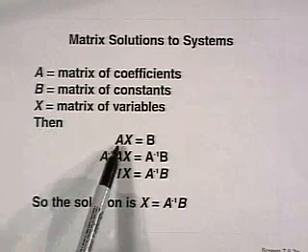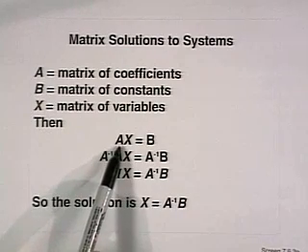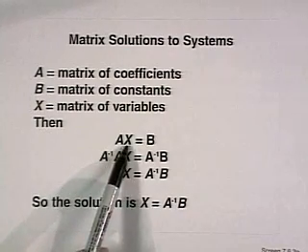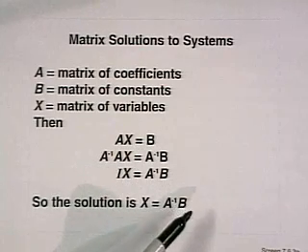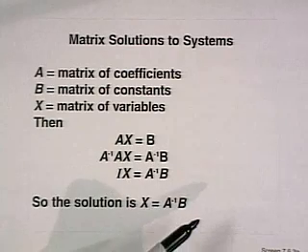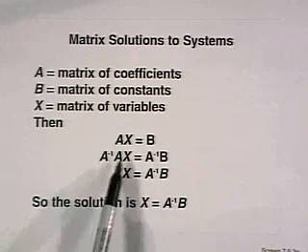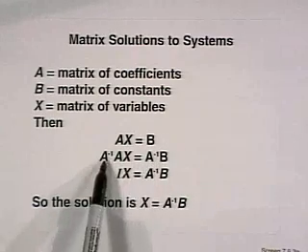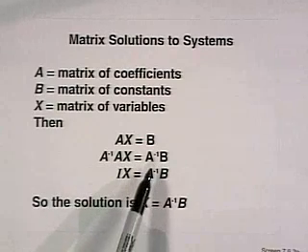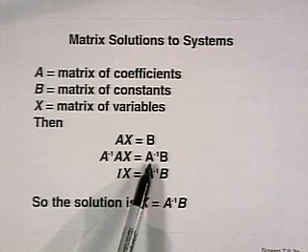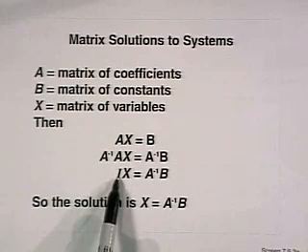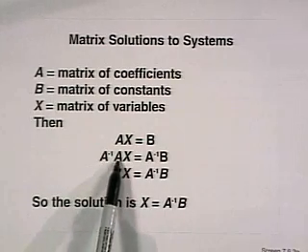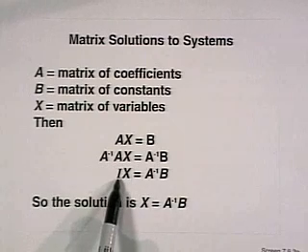We know that the product of the matrix of coefficients times the matrix of variables must equal the matrix of constants. We're going to take advantage of some algebra properties by multiplying both sides of this equation by the inverse of A, assuming that the matrix A has an inverse. Then we end up with the identity matrix, because the inverse times the original is the identity matrix.